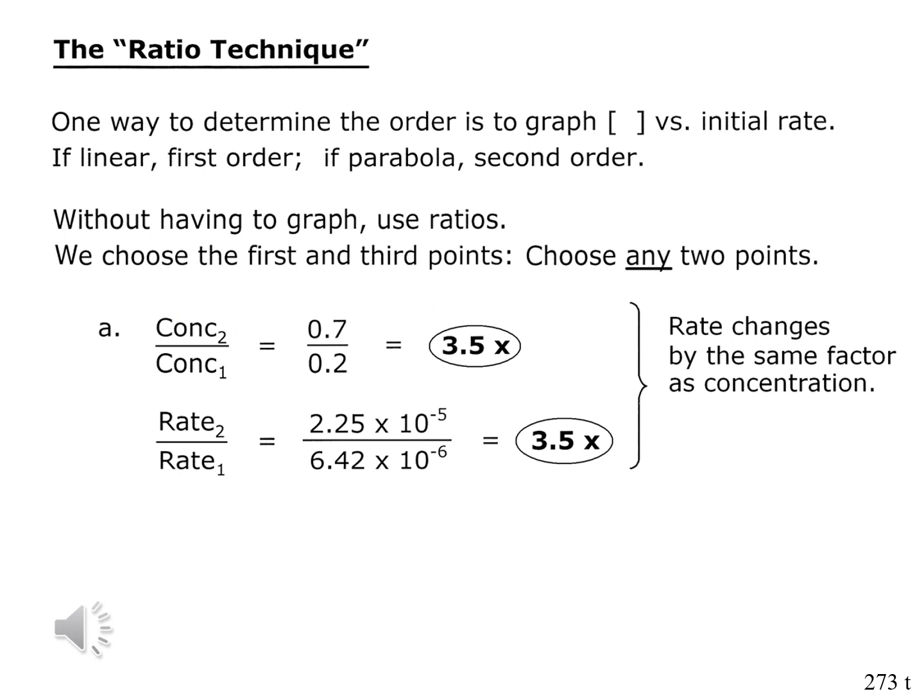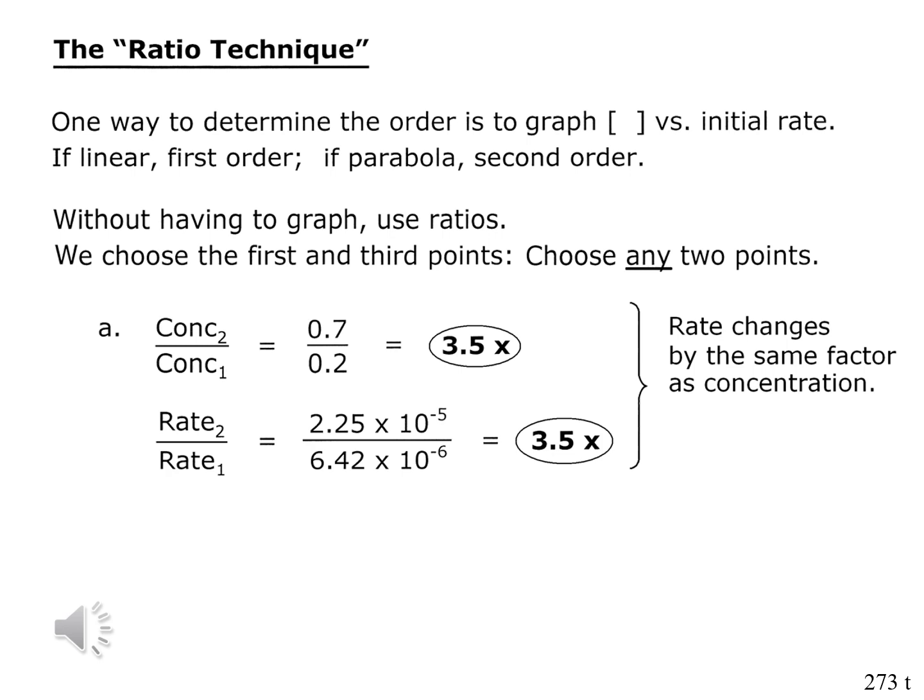So I took the two concentrations and divided them. I like to put the big number on the top because you end up with a number greater than 1. It works if you put the 0.2 on the top as long as you do the same thing with the rates. But I just like putting the big number on the top. And I also divided the same two rates with the larger one on top.